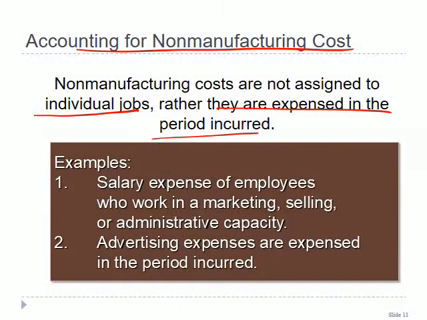Here non-manufacturing costs are charged to the respective expense account like marketing, selling and administrative in the period the expense was incurred. Examples are salaries expense of employees who work in a marketing, selling or administrative capacity, and advertising expense.